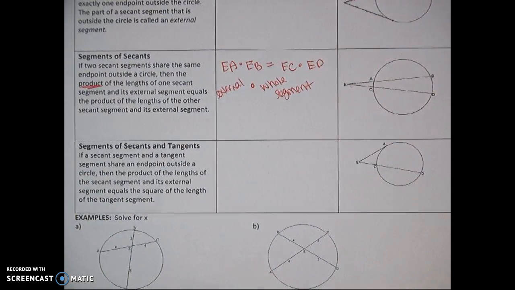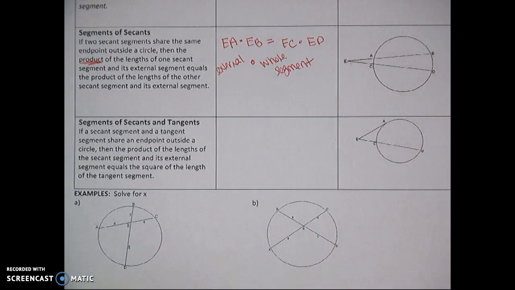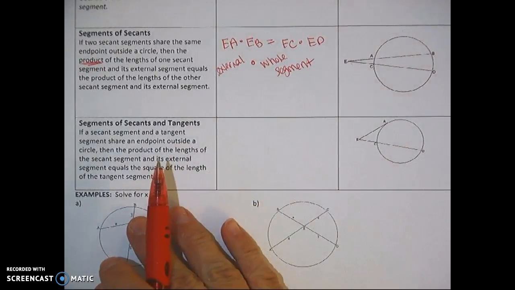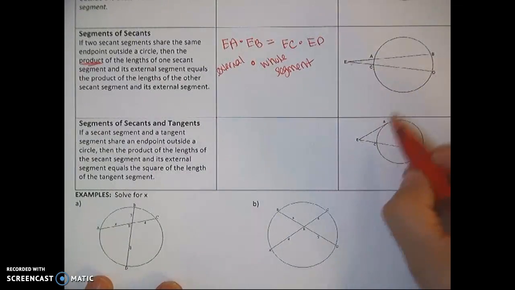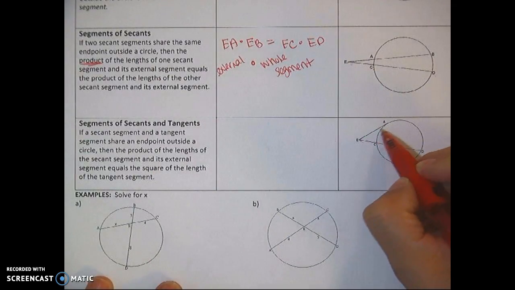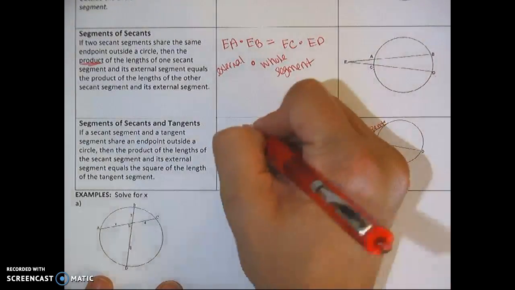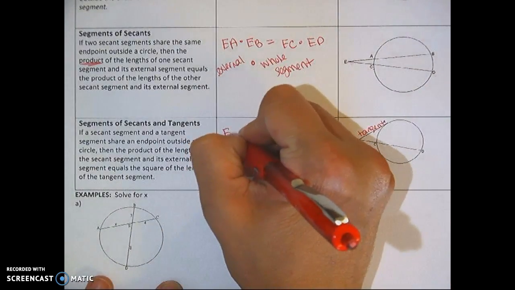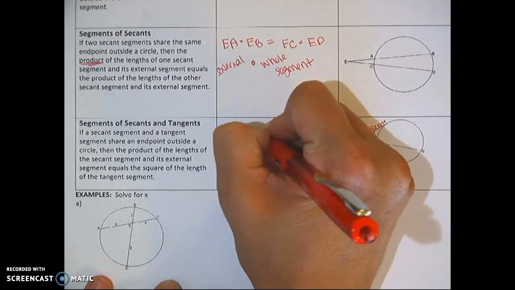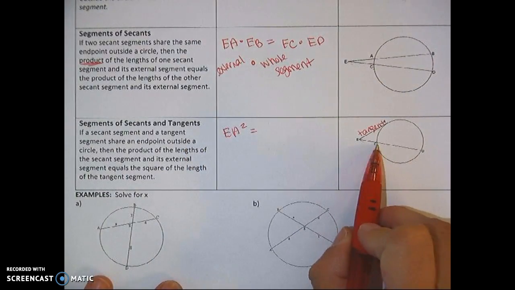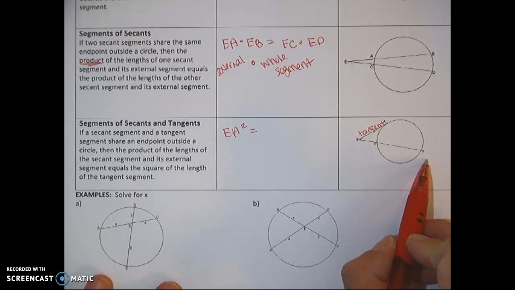The last thing that we'll talk about is if you have a secant and a tangent. What happens here is if they share the same endpoint, you can take the tangent segment, which is this one, the tangent segment touches the circle in one point, and square it. EA squared is going to equal the product of the external part and the whole part of the secant.